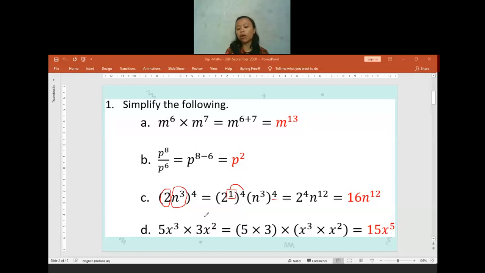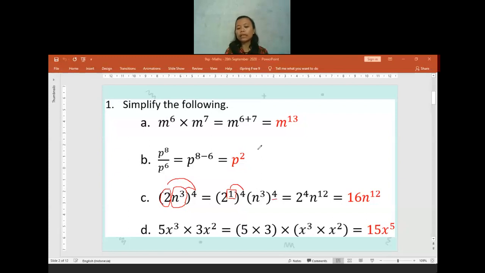So this is only the number 2. Now I will write it as 2 to the power of 1, to the power of 4. Because everything inside the bracket will get the power. And then the n to the power of 3 in the bracket gets the power of 4.